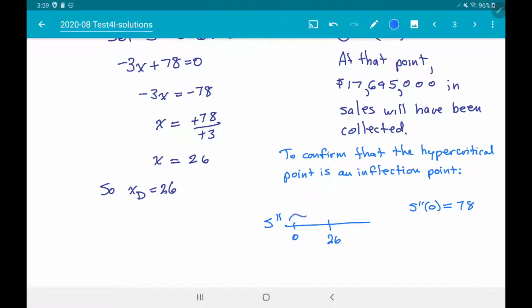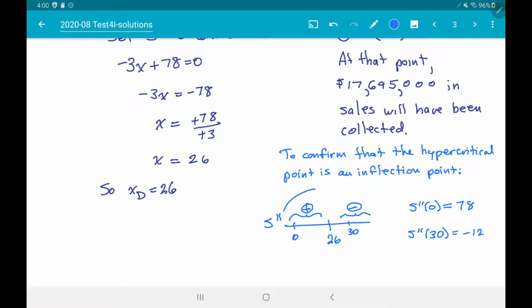So that means that S double prime is positive over there. And S double prime of, let's say, 30, well, let's see here, negative 3 times 30 plus 78, that's negative 12. So S double prime is negative there on the right. Remember that S double prime tells us concave up, concave down information.